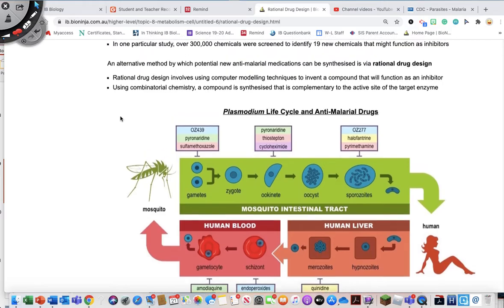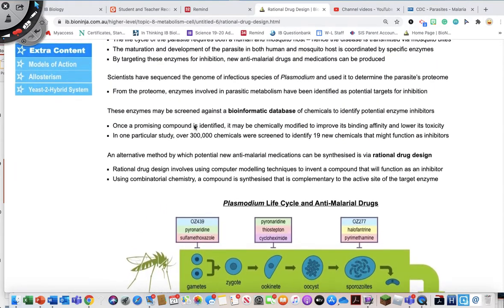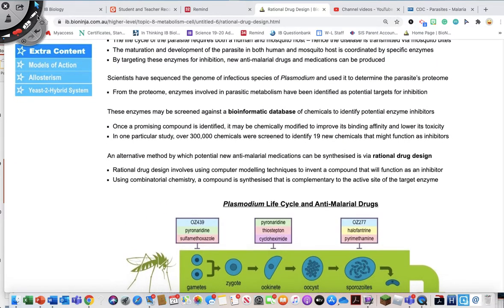All right, so let's move up here a little bit and let's look at what scientists are doing. Scientists have sequenced the genome of infectious species of the Plasmodium. So we have the genome of the Plasmodium parasite, and we also have the parasite's proteome. That means that we have the sequence of the proteins.